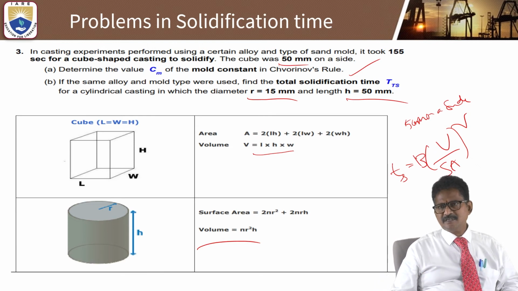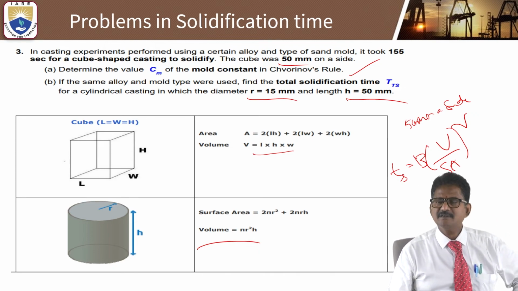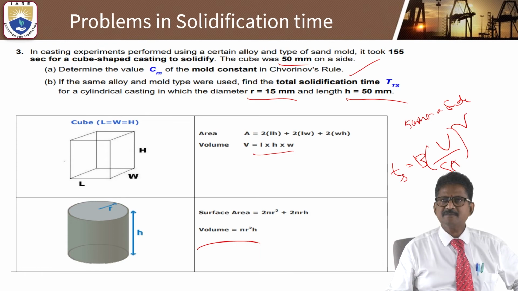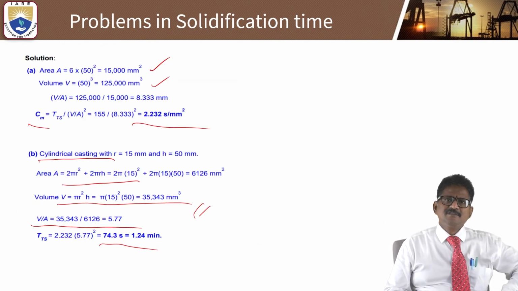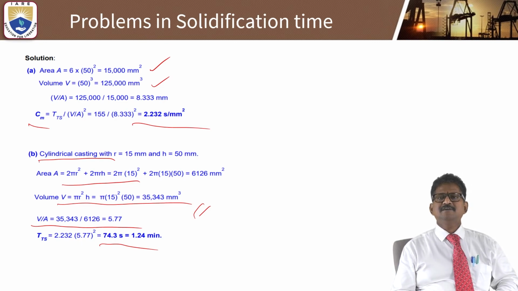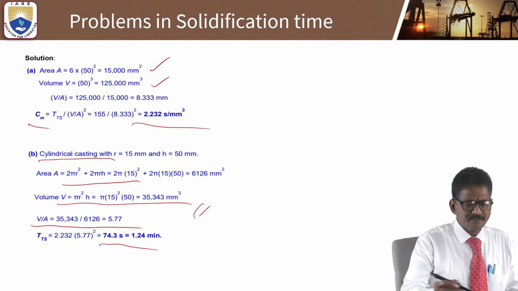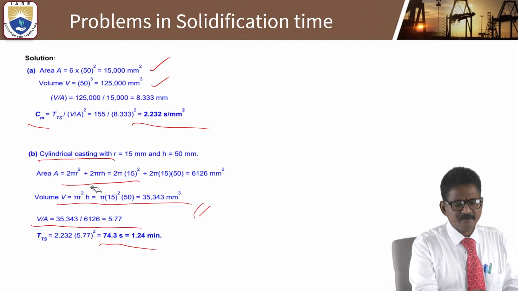When you substitute here, you can obtain the result. And in the first case, cylindrical casting, R is equal to 25 and H is equal to 50 mm.